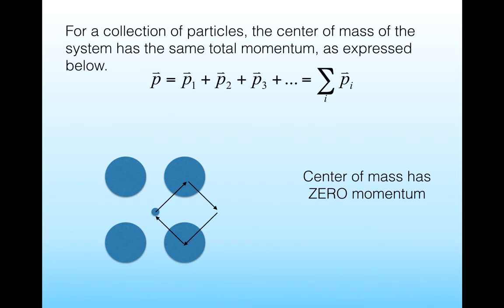So even though all the particles of this system are moving, the center of mass does not move and its momentum is zero. You will do problems in this class where you have an explosion. When you explode something apart, the center of mass may or may not move. It depends on the exact orientation of the explosion.